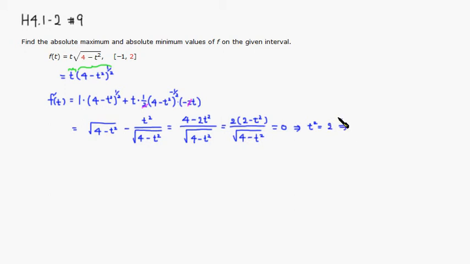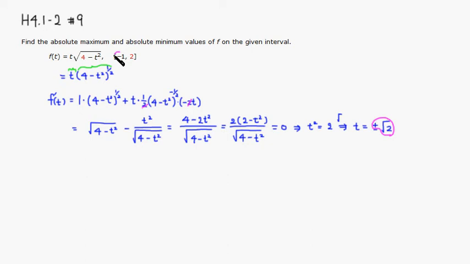By taking the square root of both sides, we have t is equal to plus or minus square root of 2. Right, but a negative square root of 2 is smaller than negative 1, so we only consider the positive one. So we only consider positive square root of 2, right?